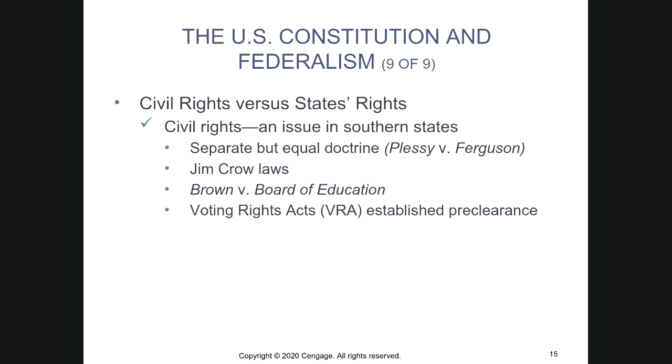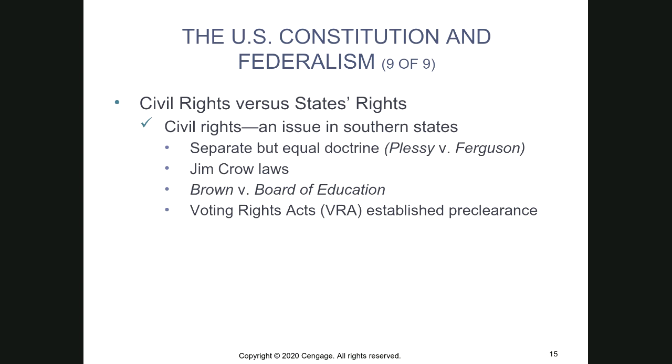And so what we basically said was, if you have this long history of racial discrimination within your state, then your state needs to get pre-approval. That made sure that African American and Latino voters were able to go out and cast their vote without any sort of racial restrictions. Now, obviously, from the state perspective, they see this as an encroachment on their reserved powers.